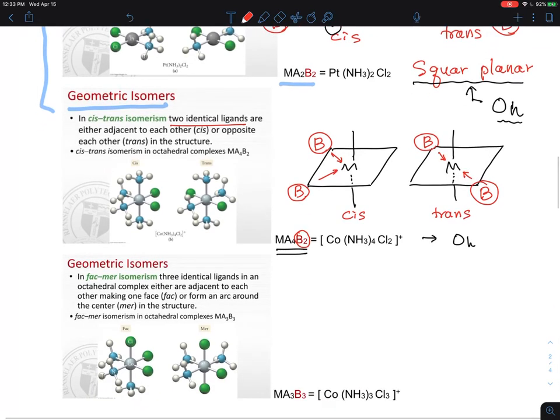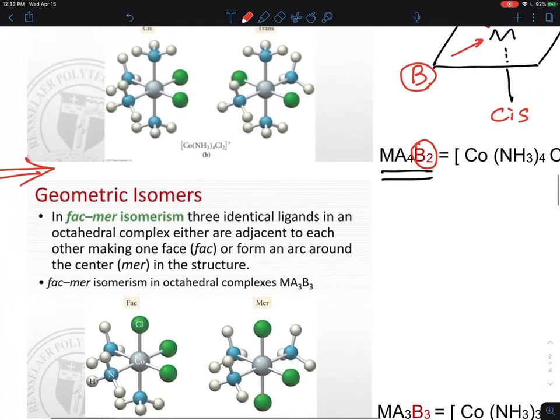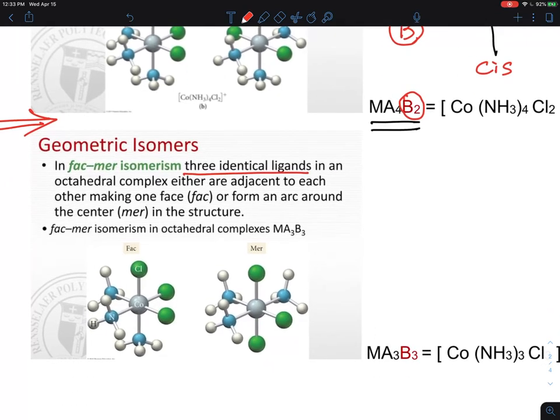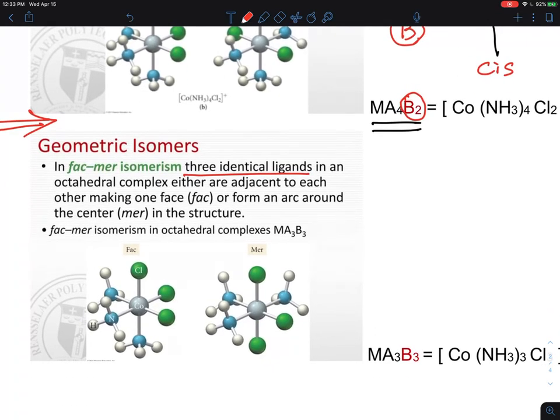The thing that is unique about inorganic chemistry is that if you have an octahedral with three identical ligands, they can have a different kind of geometrical arrangement. I hope you can see this.